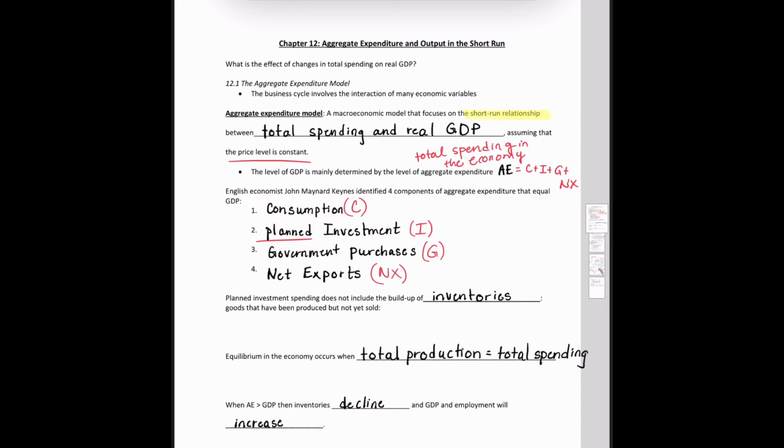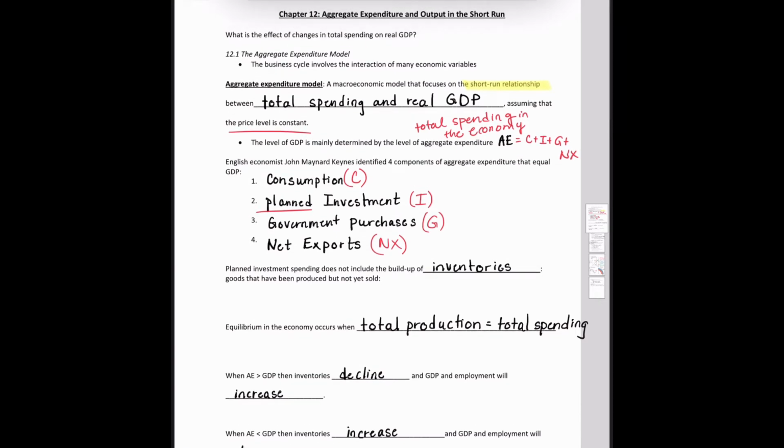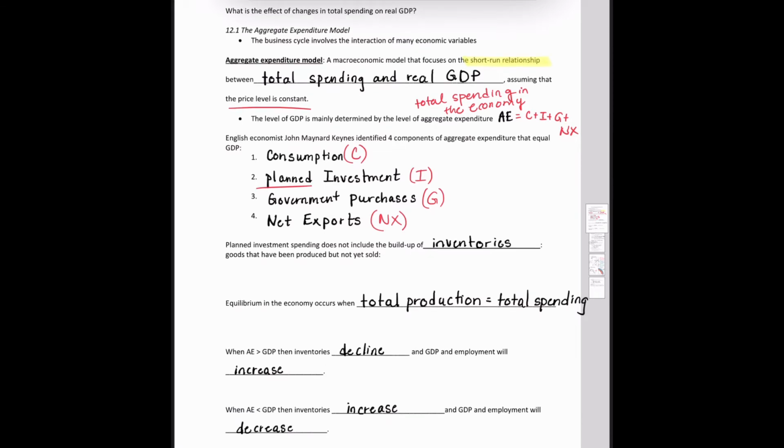So, one thing you will notice right off the bat is the aggregate expenditure model uses planned investment rather than actual investment. It's different from GDP in this way. The difference is that planned investment does not include inventories that have been built up. These are goods that have been produced but not been sold.